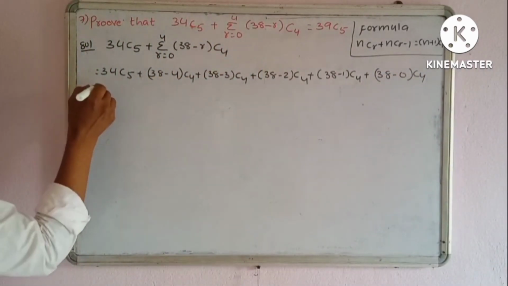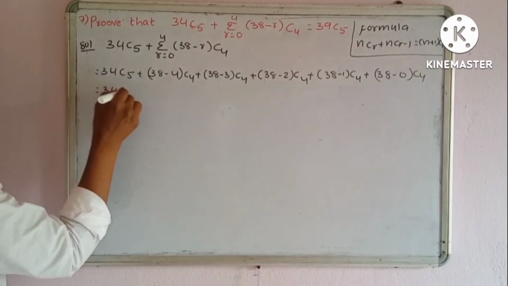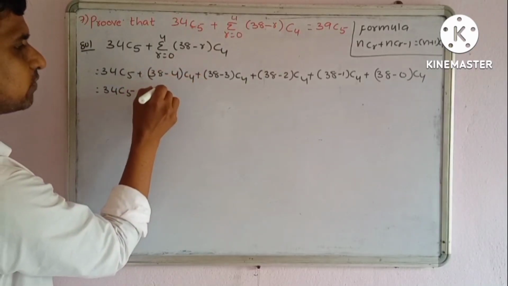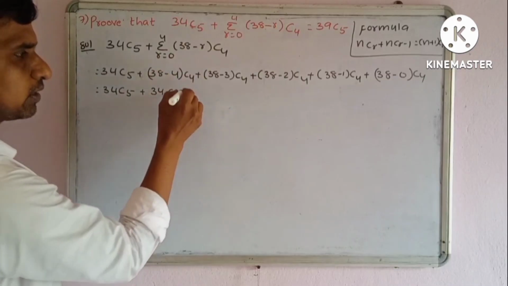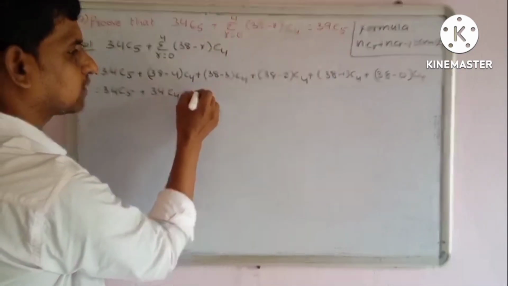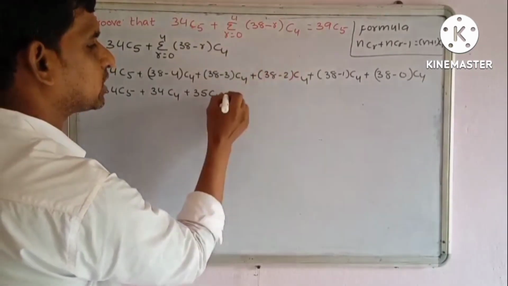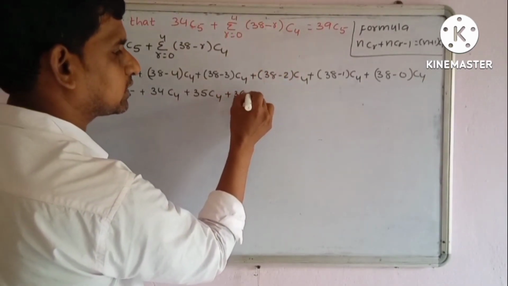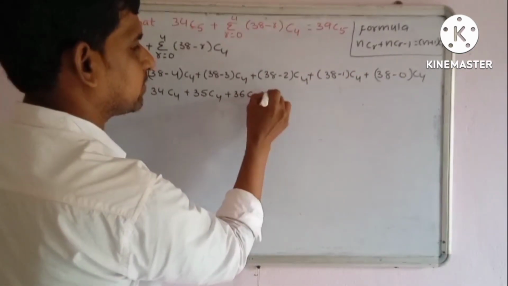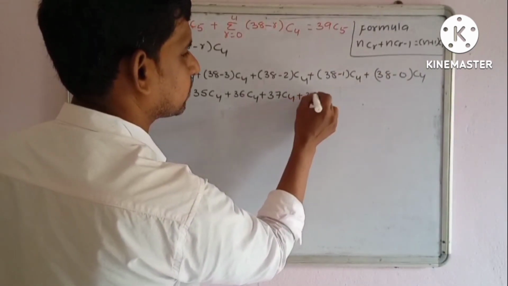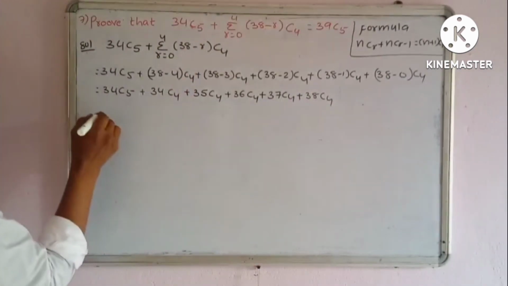Okay, next step. So 34C5 plus (38 minus 4) is 34C4, (38 minus 3) is 35C4, (38 minus 2) is 36C4, 37C4, 38C4. Okay.